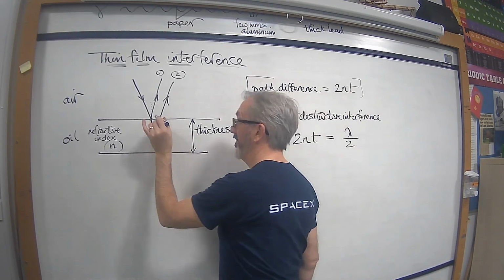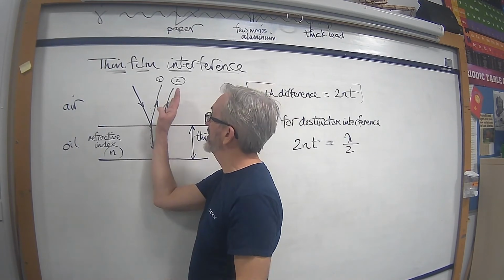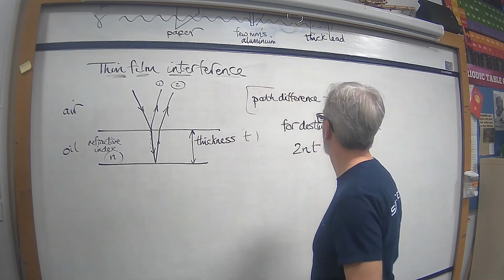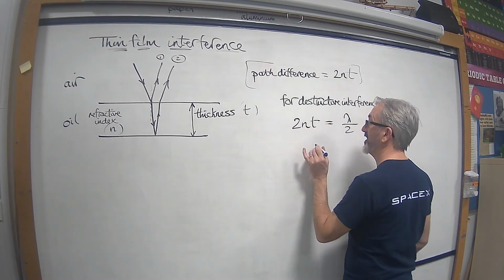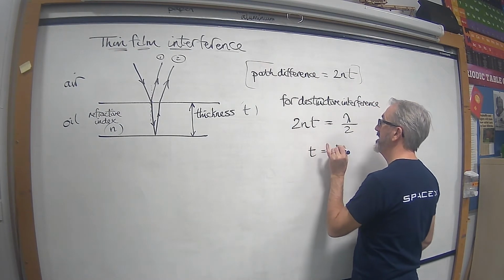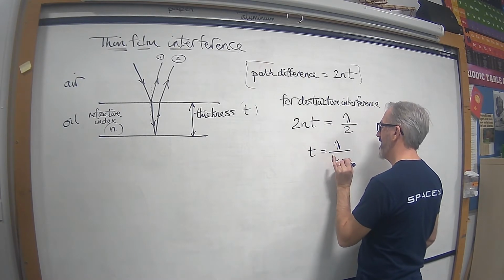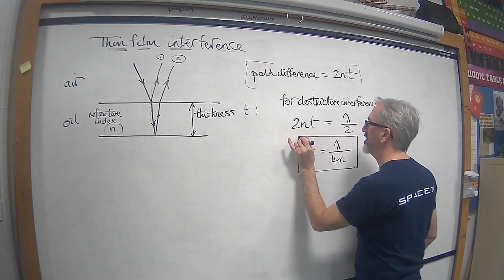So that this additional path means that that wave is out of sync with that wave by half a wavelength, so you get destructive interference. If we rearrange this for what the thickness would have to be, then T would be equal to lambda over 4n. Now that relationship is on your relationship sheet.